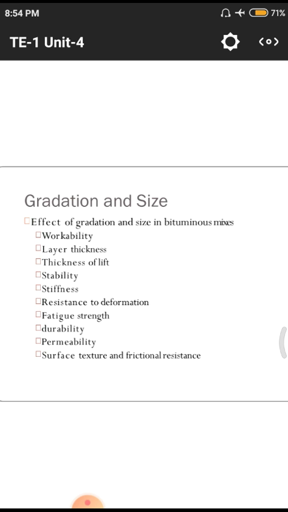Stability. Stability means if you take a particular quantity of material, we simply pour it on a particular surface of the land. The presence of a conical shape is noted.